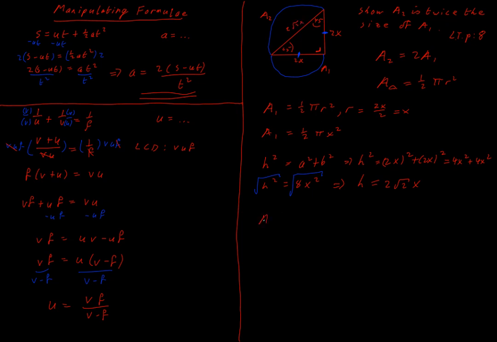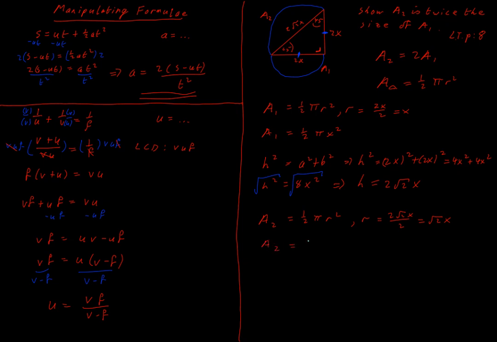So I now know that the hypotenuse of this is going to be 2 root 2x. So then for area 2, I'm going to have same deal as before, a half pi r squared, but this time r is going to be equal to 2 root 2 x all over 2, which is going to equal root 2 x. I sub that in.